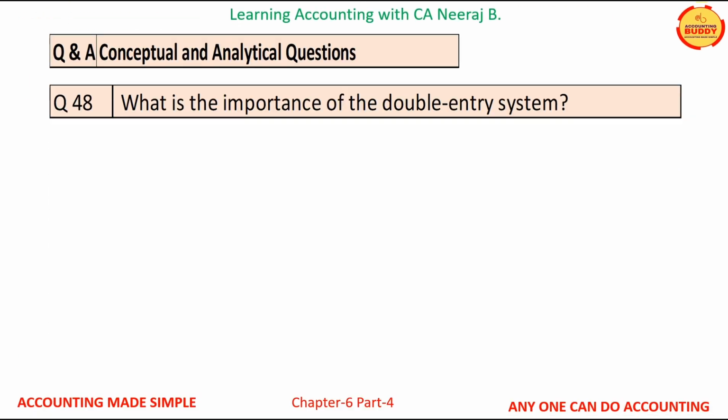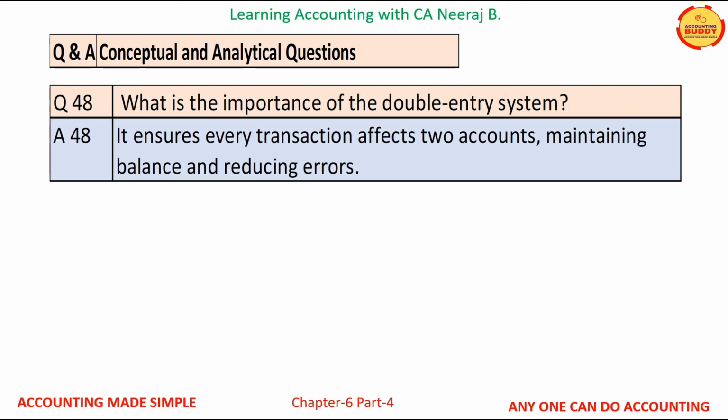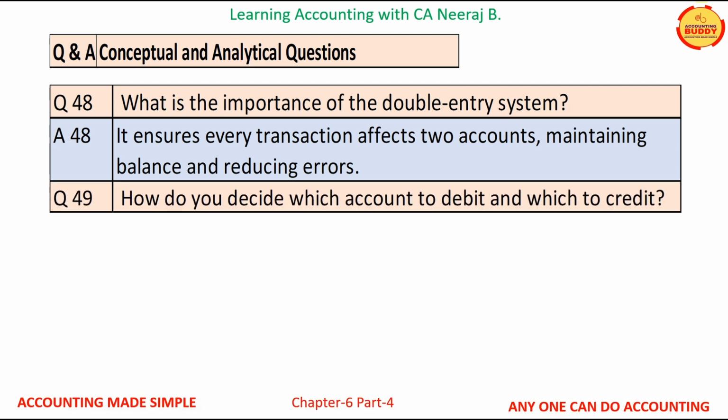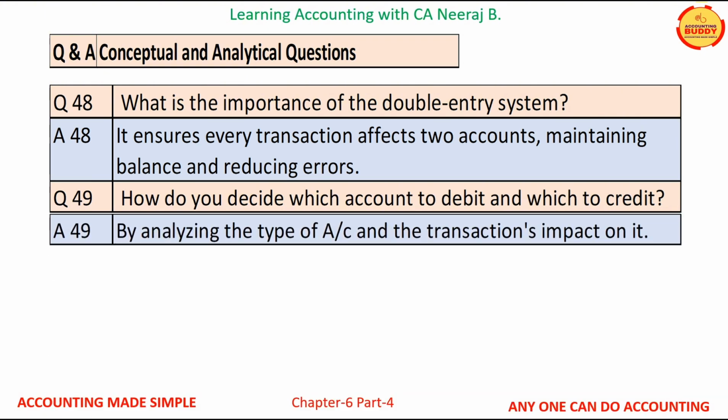Question number 48 is, what is the importance of the double entry system? The answer is, it ensures every transaction affects two accounts, maintaining the balance and reducing errors. Question number 49, how do you decide which account to debit and which account to credit? The answer is, by analyzing the type of account and the transaction's impact on it.